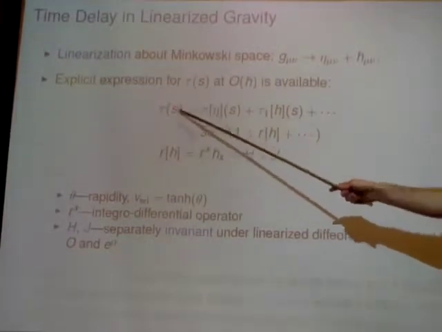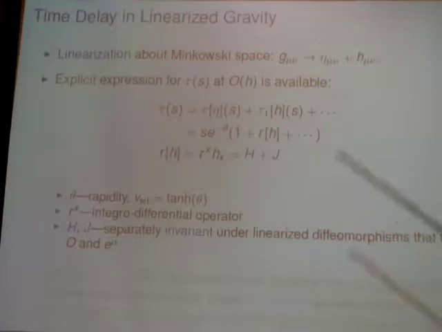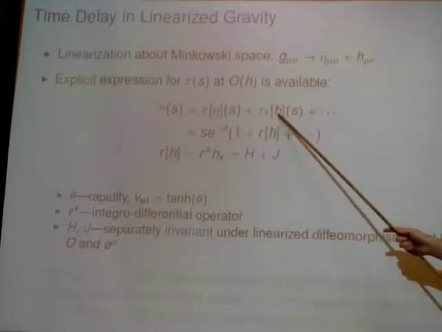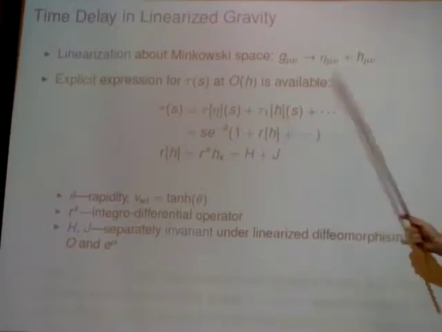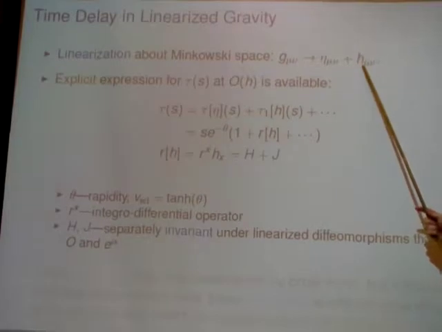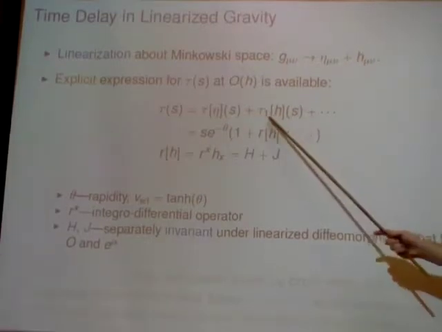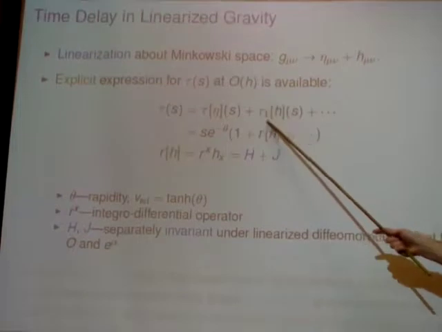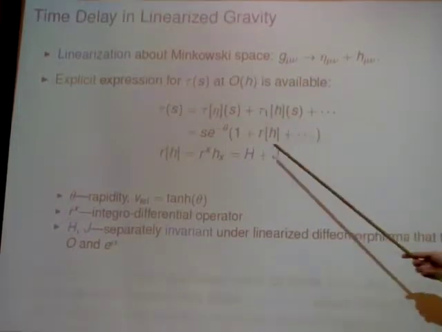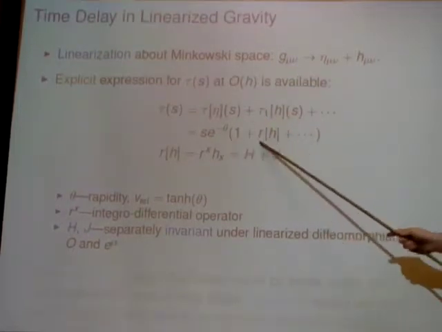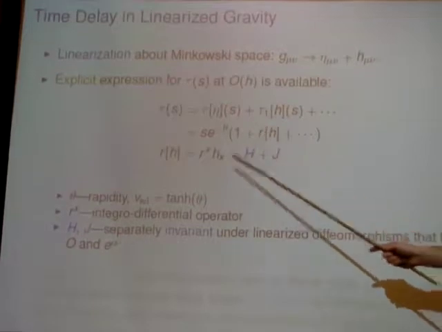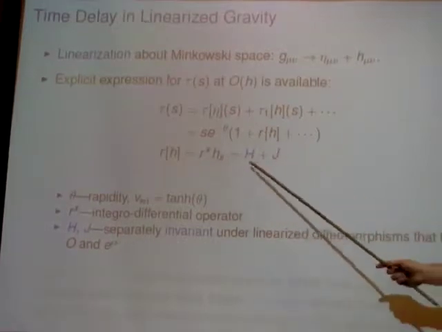So S appears here as a parametric dependence. The dependence on the metric perturbation appears inside a certain linear operator. This linear operator, once it's properly normalized, I call the R operator. And it's a sum of two terms.